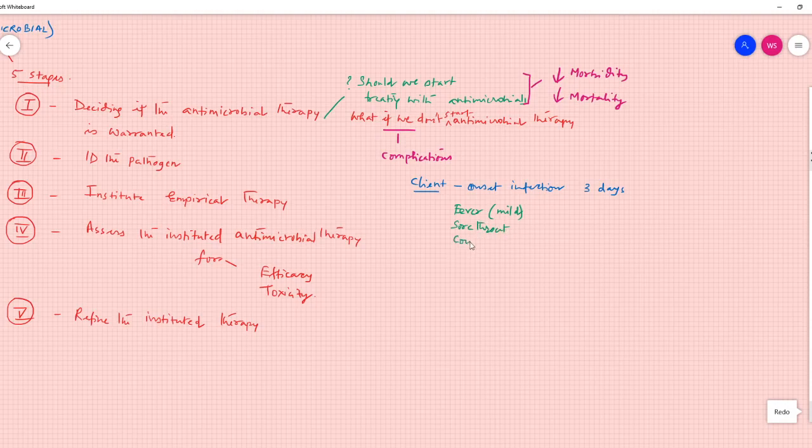And I have a cough. Okay, and I've got a congestion in my nose. I've got a little bit of difficulty breathing. And I feel very tired. I'm fatigued. I'm not able to do things. And then I've got lots of aches.